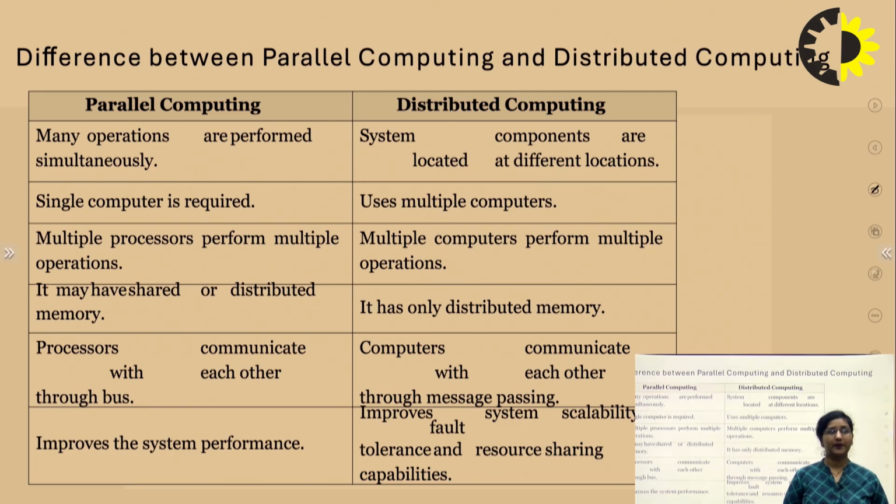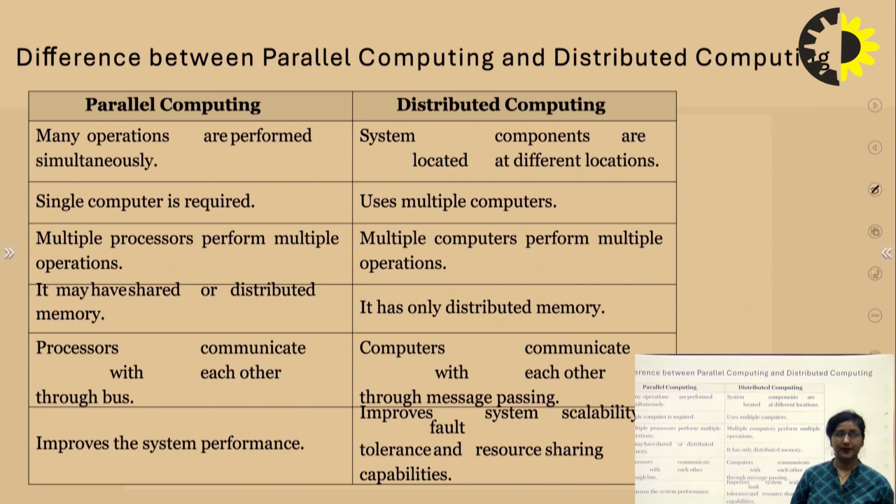In parallel computing, multiple processors perform multiple operations. In distributed computing, multiple computers perform multiple operations. So, that is the same. Parallel computing may have shared or distributed memory, but distributed computing has only distributed memory.